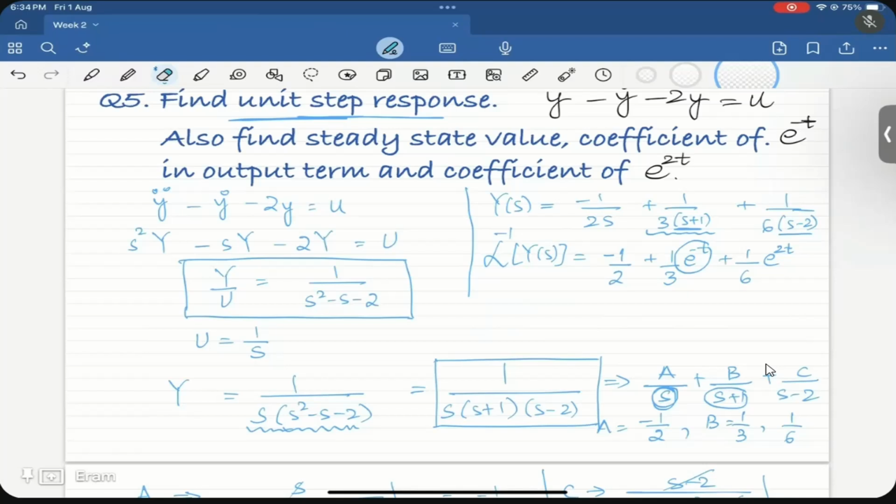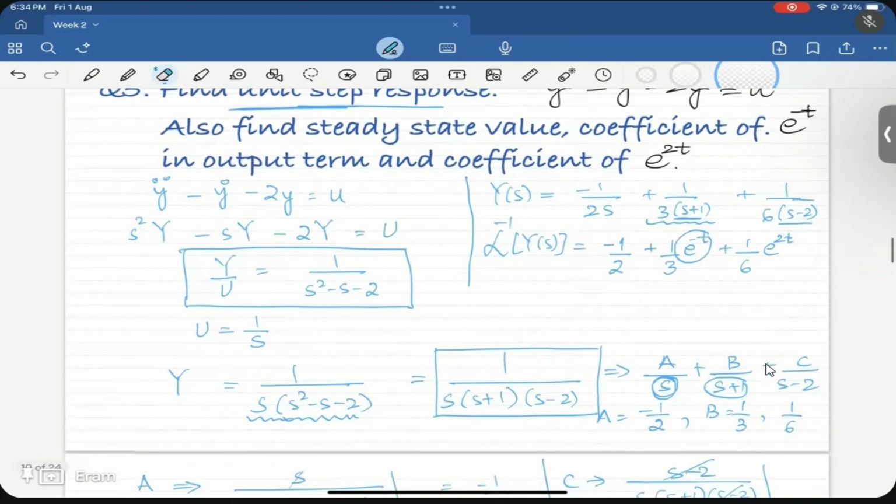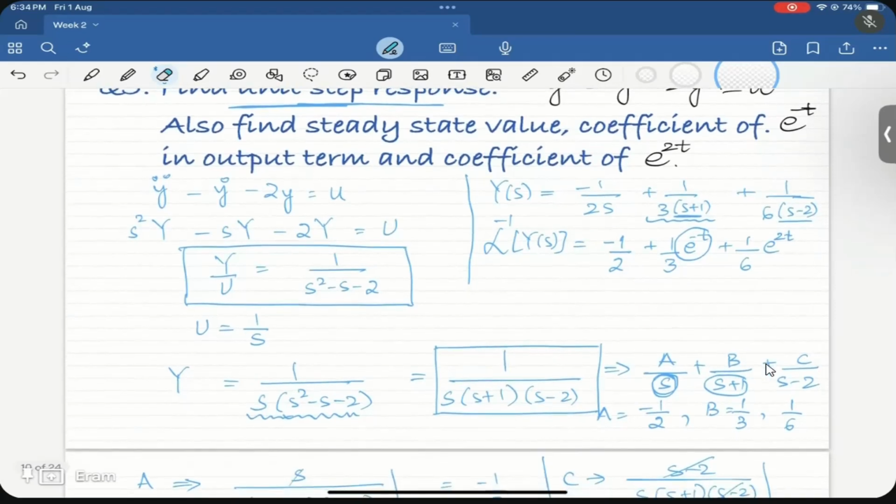Okay, so now can you tell me what will be the steady state value? Minus 1 by 2. No. Please see it carefully.